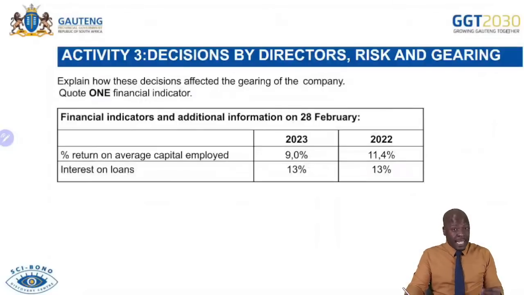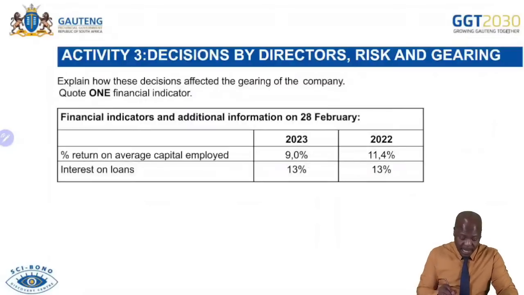Are we positively geared or negatively geared? And then it will assist us to see what is the better decision to make. In this case, the question says, explain how these decisions affected the gearing of the company. And then we're to quote one figure, one financial indicator.